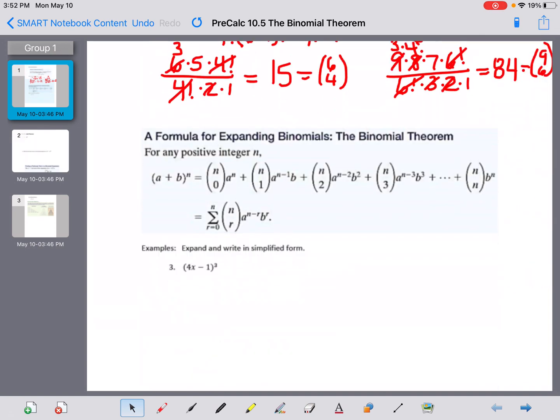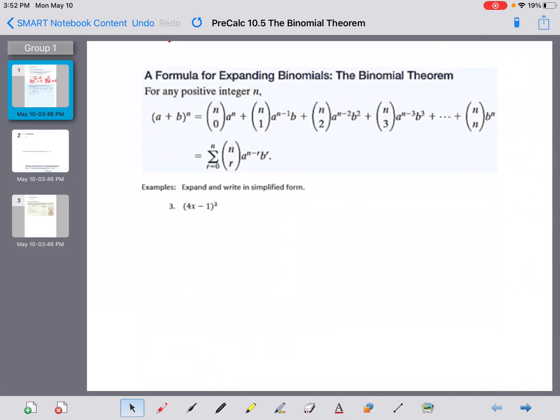Okay. So this is a formula for expanding binomials using the binomial theorem. Okay, binomials are two terms, and if we take them to a power, we know that we have to take them times each other over and over. So in this first one, this example down here, if you see 4x minus 1 cubed, what that would mean is I take 4x minus 1 times 4x minus 1 times 4x minus 1.